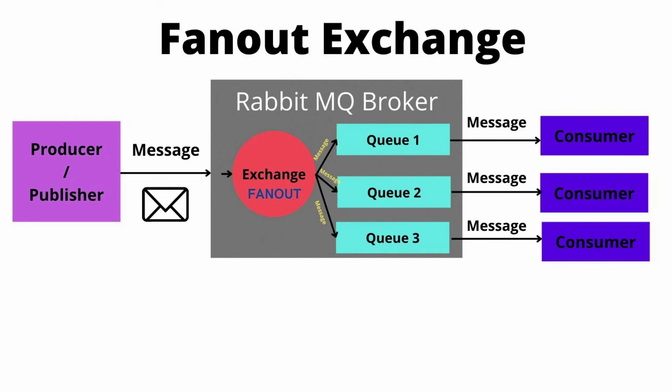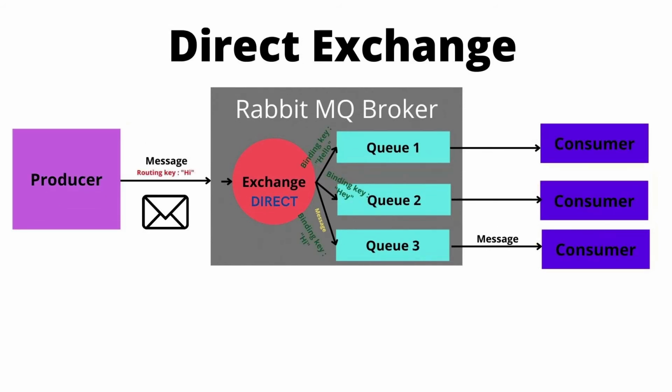Just like we said previously, the exchange of type Fanout would broadcast the message to all the queues that are connected to it or bound to it. So the routing key would just be ignored in the case of an exchange of type Fanout. It will only be taken into consideration in direct exchange, as we have seen now, and as we will see later on, it will also be important in the case of the exchange of type topic.